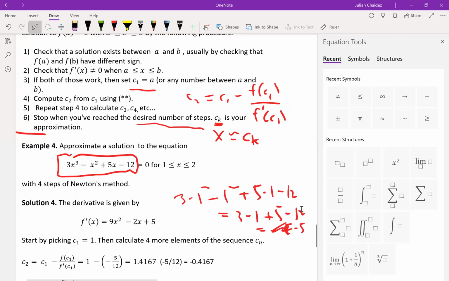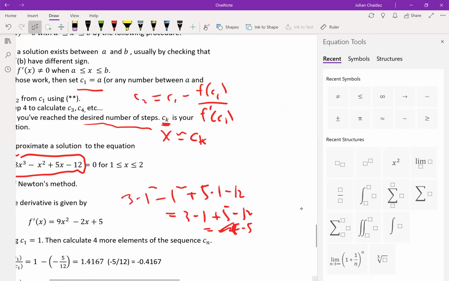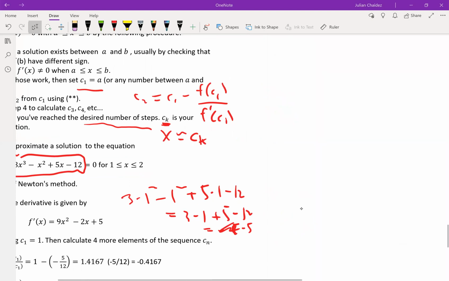On the other hand, if I plug in x equals 2, I get 3 times 2 cubed minus 2 squared plus 5 times 2 minus 12.